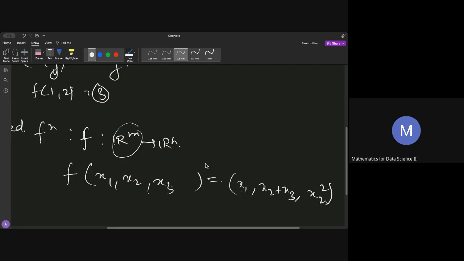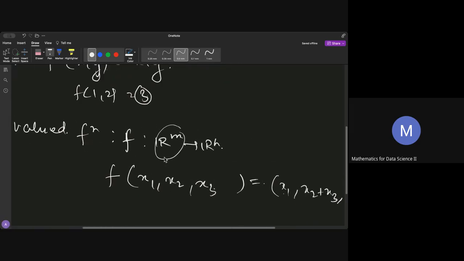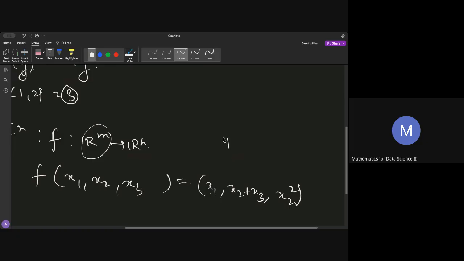So your linear transformations can be vector valued functions, right? It depends on the linear transformation. A linear transformation from Rm to Rn in general is a function from Rm to Rn, right? That means it's a vector valued function.